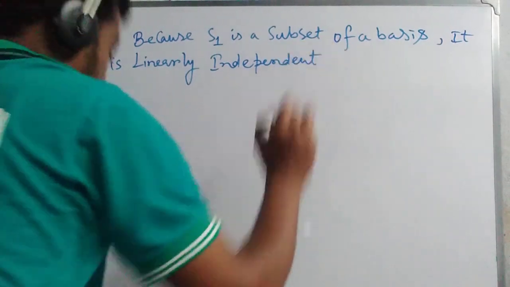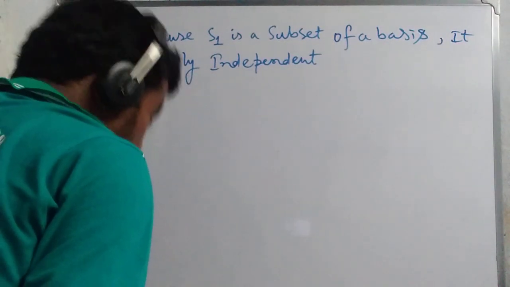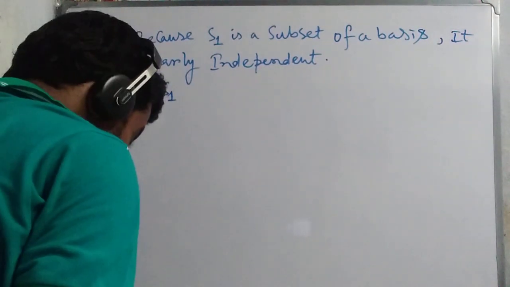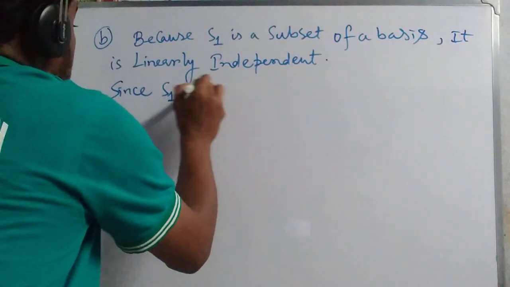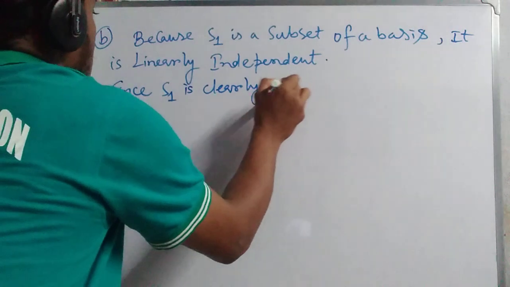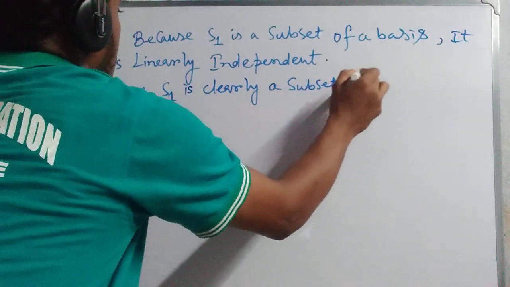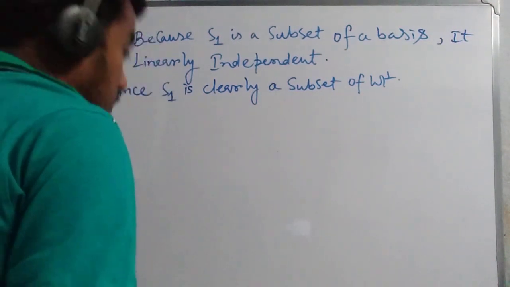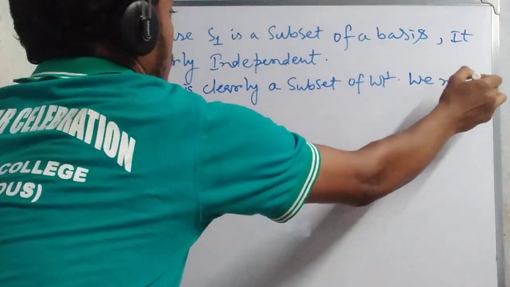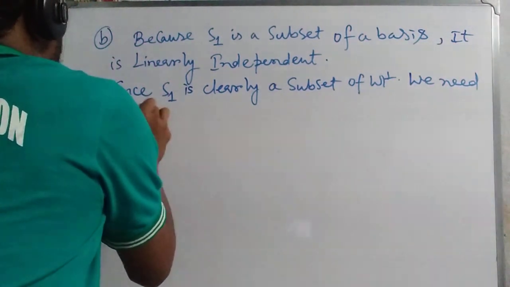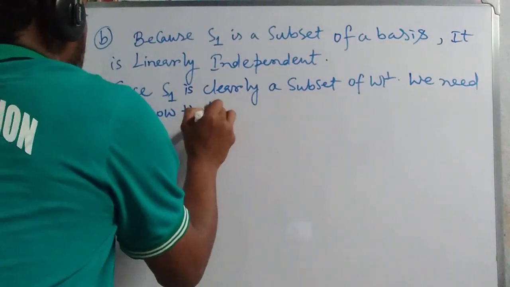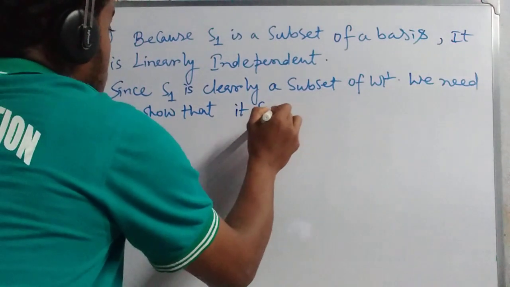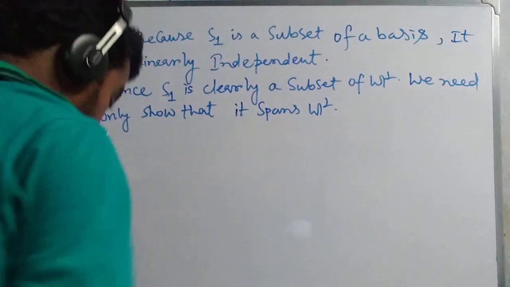Since S1 is clearly a subset of W perp, we need only show that it spans W perp.